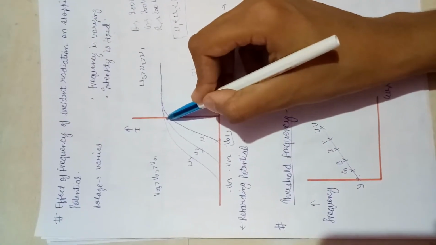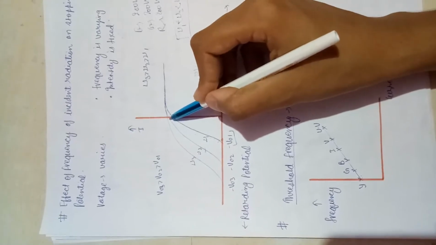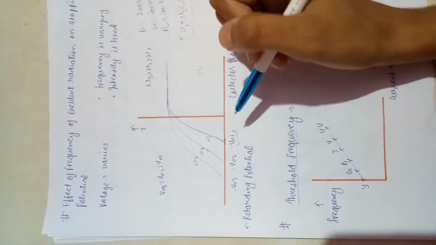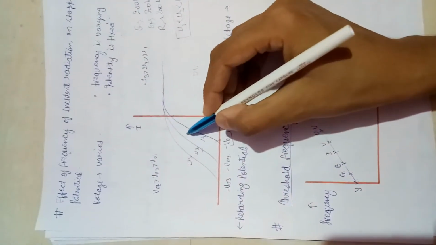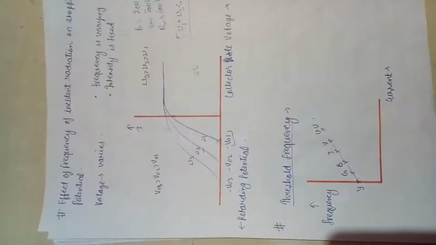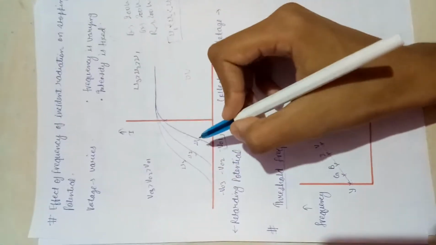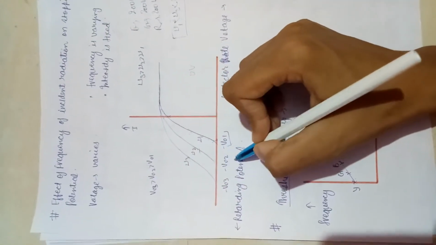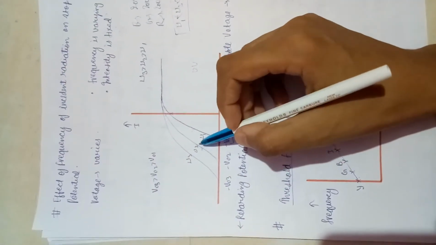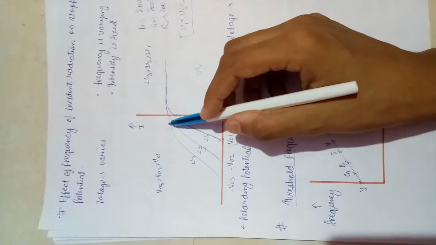Similarly, if we go towards negative potential values, the current starts decreasing, and it becomes zero at V02. Similarly, we can take the third source and the same thing repeats.